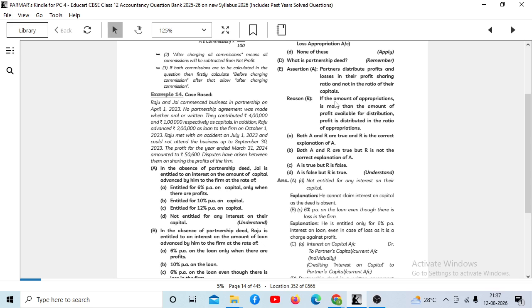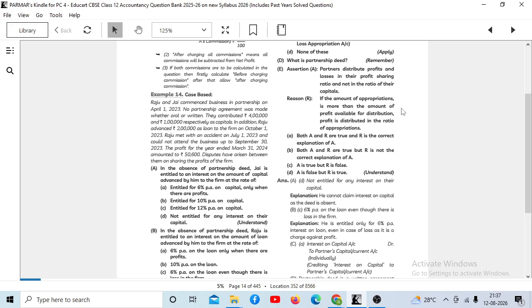If the amount of appropriation is more than the amount of profit available for distribution, profit is distributed in the ratio of appropriation. Now see, this is also true. I will tell you why. Suppose on the credit side the net profit is 1 lakh, and on the debit side the amount is 1 lakh 20.